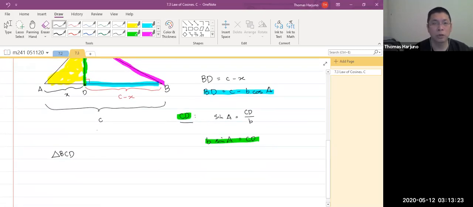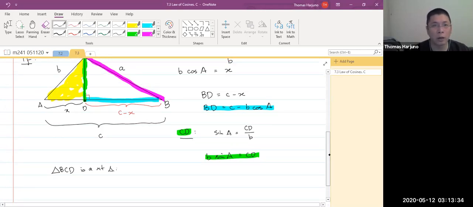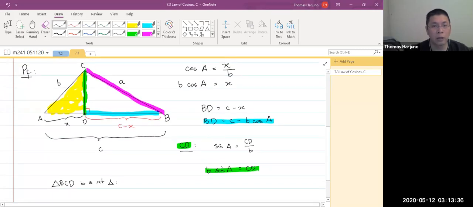So, continue. Triangle BCD, from what you see there, is a right triangle. So I can apply the Pythagorean theorem, where side a squared equals CD squared plus BD squared.